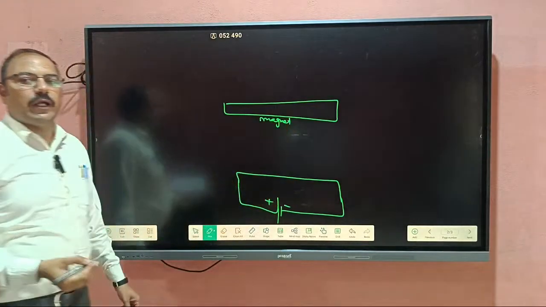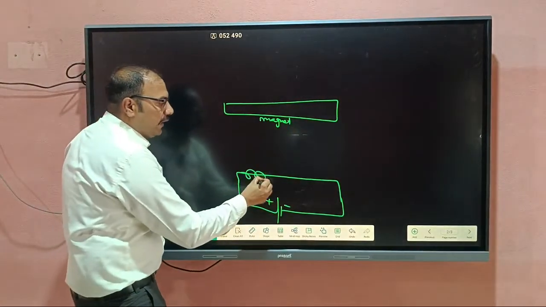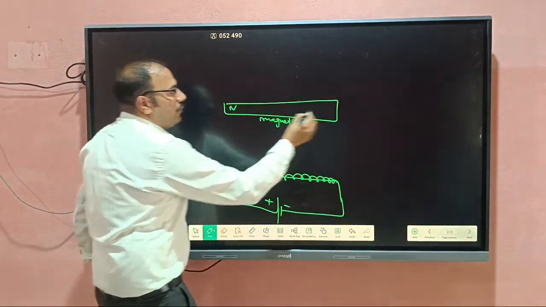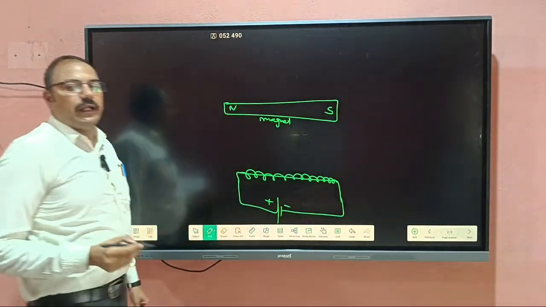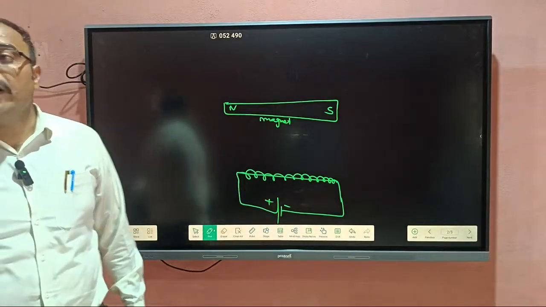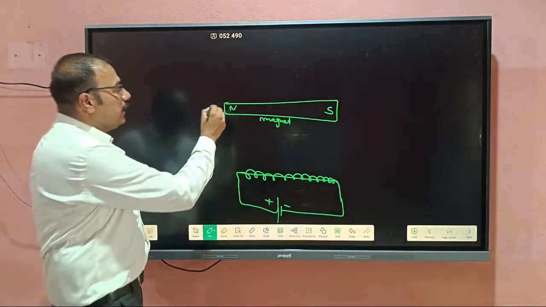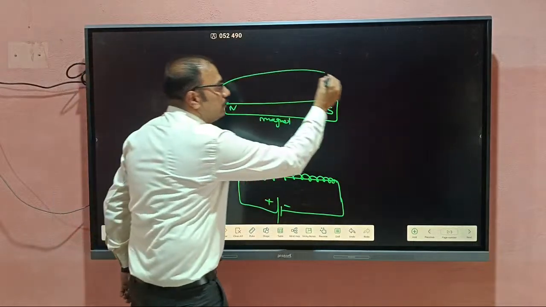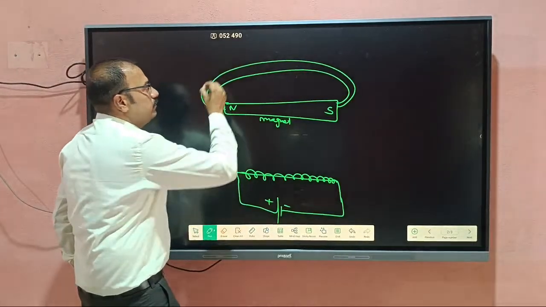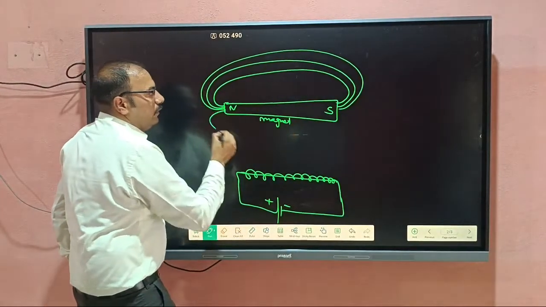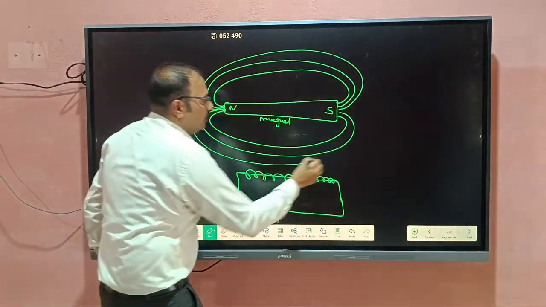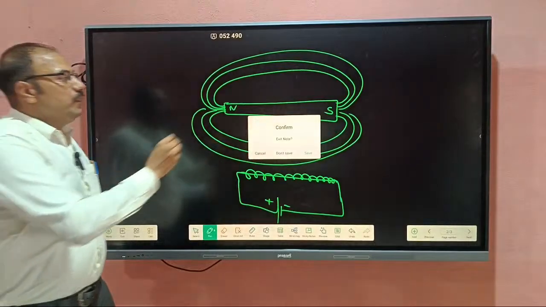This wire may contain many circular loops. Here this is the north pole and this is the south pole. We already said it contains an invisible field. So these fields are shown by imaginary lines. These imaginary lines are like this. So these lines are known as the magnetic field.